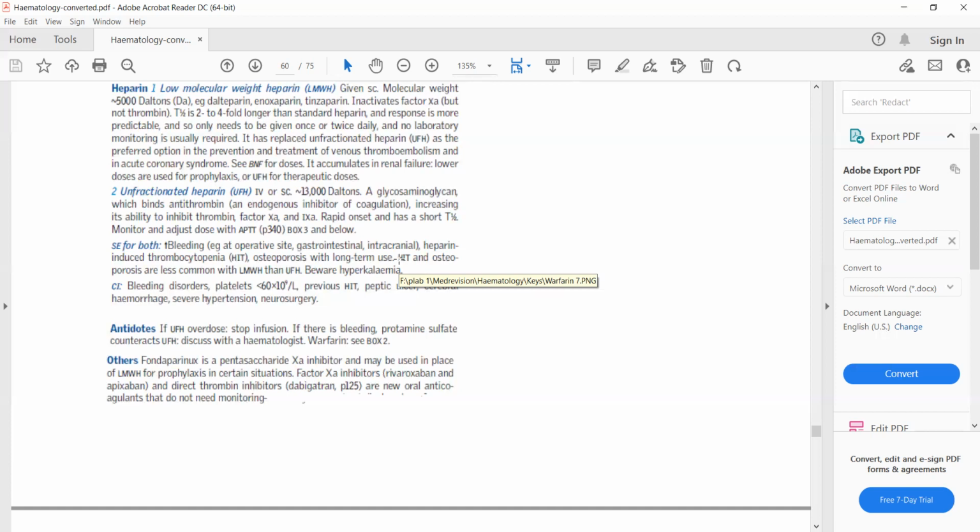Yes, because there is no antidote available for low molecular weight heparin, so we don't have any other option but to use protamine sulfate, because some of the effects of low molecular weight heparin can be reversed with the use of protamine sulfate. But for unfractionated heparin, protamine is a specific antidote. Okay, thank you.